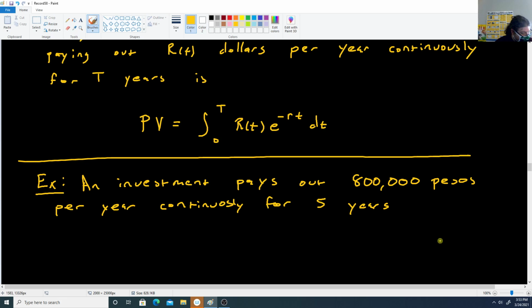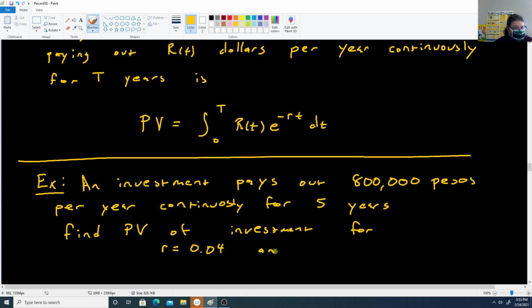And what we want to do is find the present value of the investment for R equals 0.04 and for R equals 0.06.